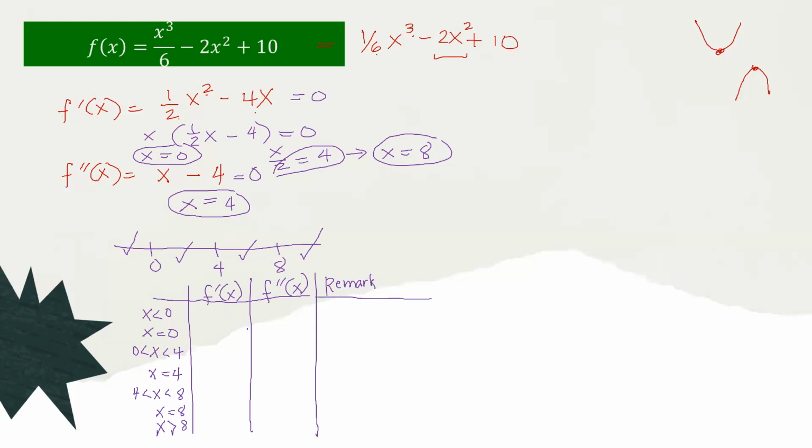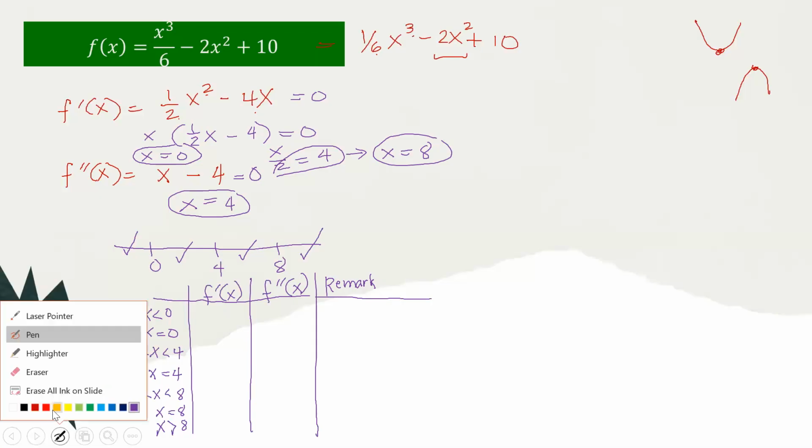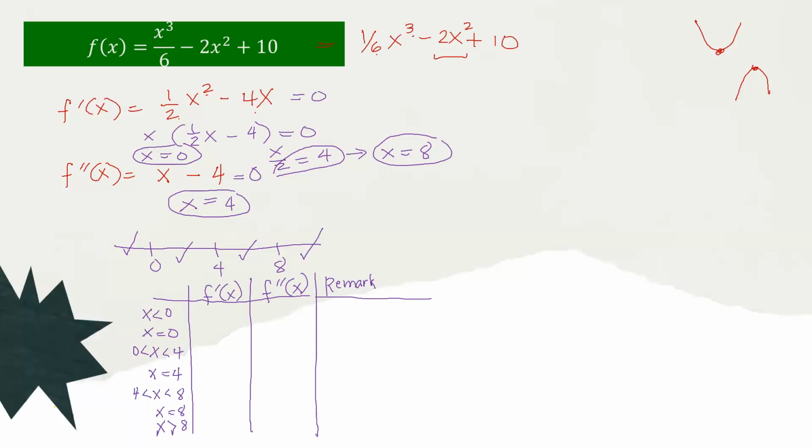Okay, so ang critical points natin, let's change the color of our pen. So yellow naman tayo. For the first derivative, the zeros are 0 and 8. 0, tsaka kay 8. Tapos sa second derivative naman, ang 0 niya ay x equals 4. Dapat pala may lines, ano, para hindi tayo malito.